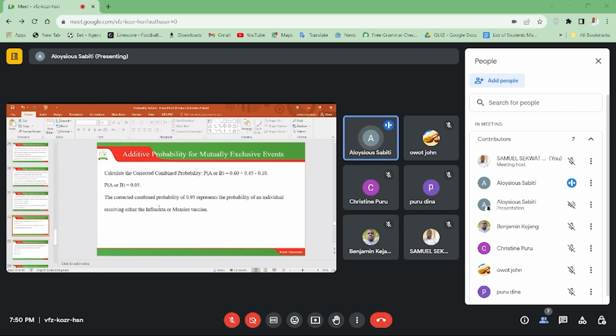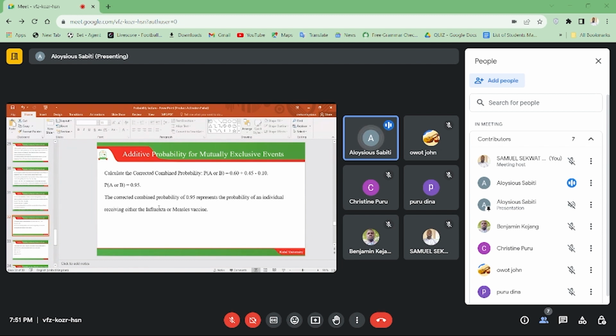So roughly, you can be able to see this is the explanation. Probability of someone getting A or B, a vaccine for influenza, plus the probability of receiving a measles vaccine, subtracted by the probability of A and B, to give you 0.95.